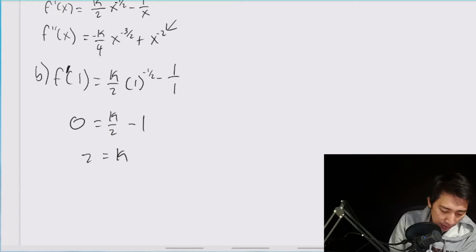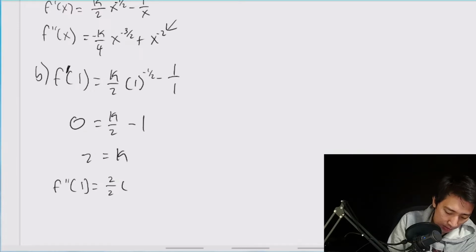So what we're going to do is we're going to have f double prime of 1 equals, excuse me, we're using our f double prime, so negative 2 over 4 times by 1 to the negative 3 over 2 plus 1 to the negative 2.